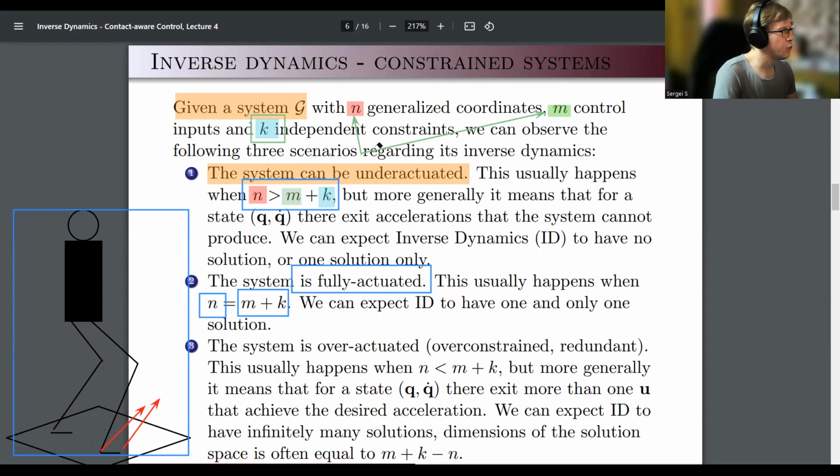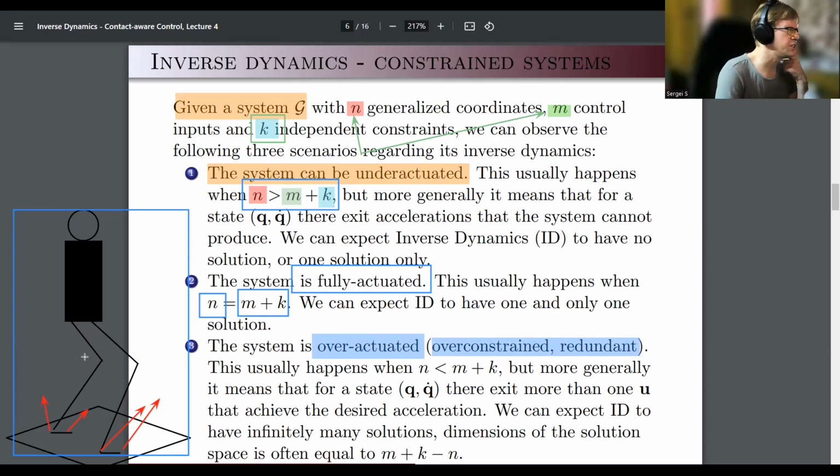Now, a system can be overactuated, over-constrained, over-redundant, etc. That is when you have fewer degrees of freedom than the sum of motors and constraints. This would happen if you have, for example, both legs on the ground. They'll be overactuated. Right, over-constrained if you want.